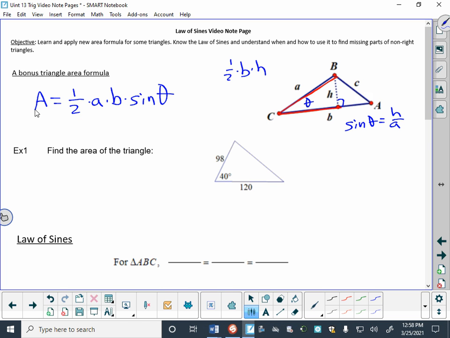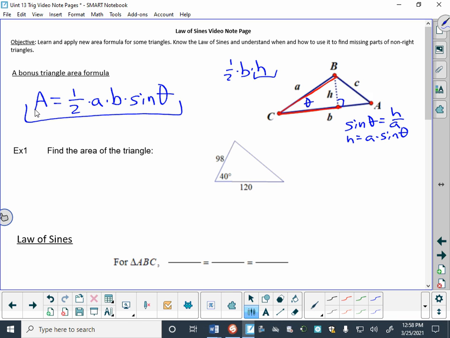We have to pay attention to what's actually in this picture. So the height of this triangle is A times the sine of theta. If we just replace the height with A sine theta, then we have all the pieces in this formula. So we use trigonometry to figure out the height of the triangle if we have the right kind of information.